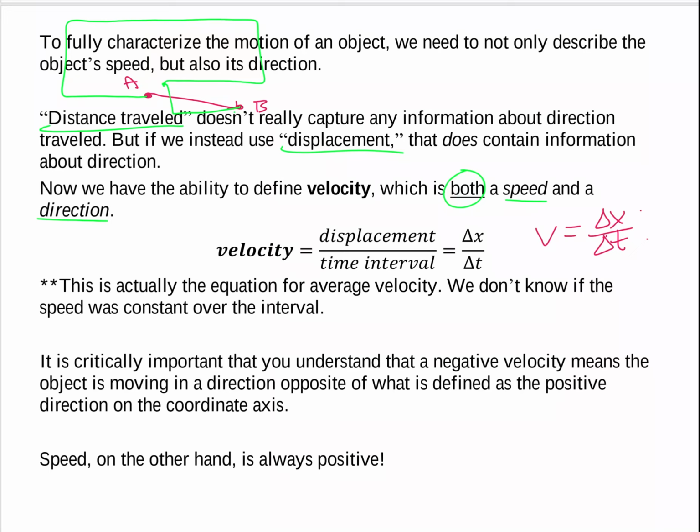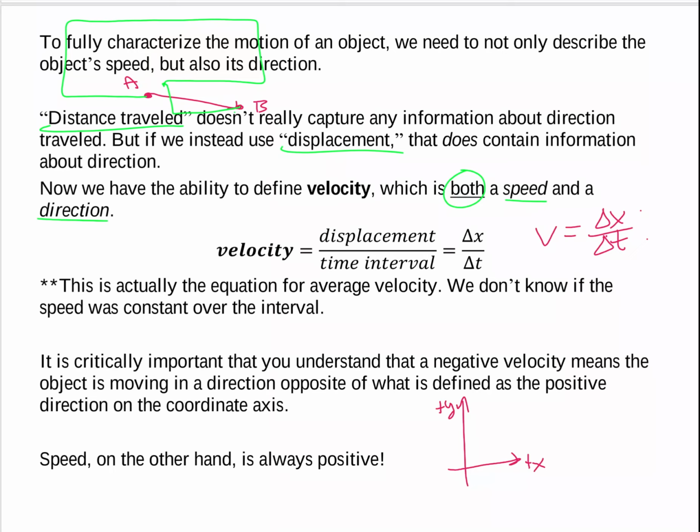All right, it's critically important that you understand that a negative velocity means the object is moving in a direction opposite of what is defined as positive. So what is meant by that? Normally in a coordinate plane, we say positive x is to the right and positive y is up. If you define your axes normally like this and you wind up with a negative velocity, that means you are moving against your normally defined positive direction.